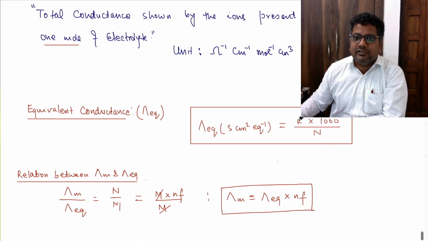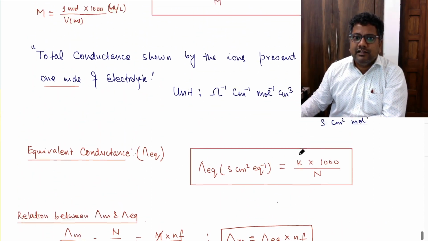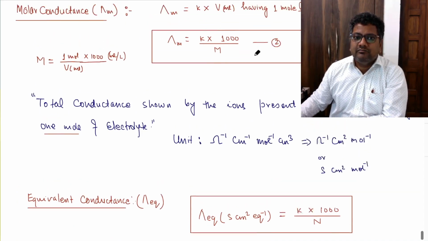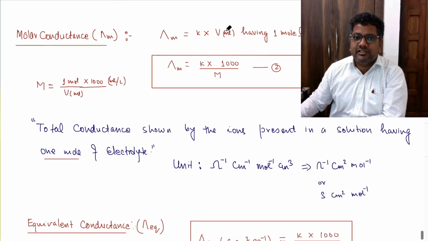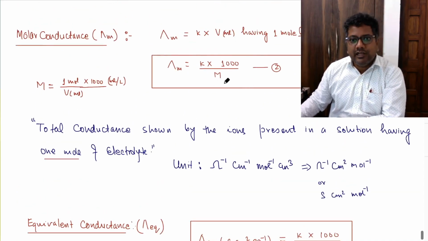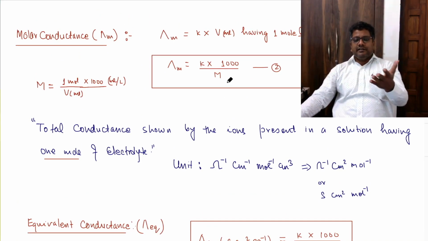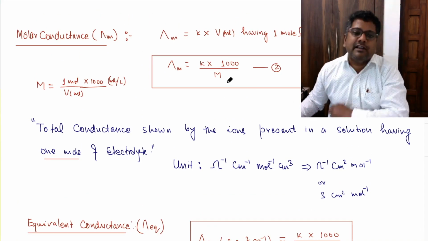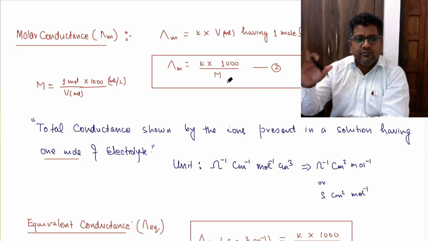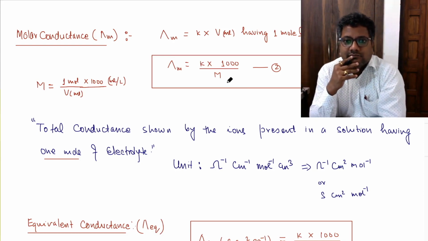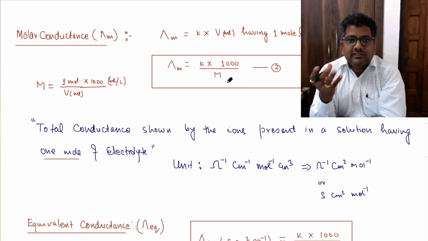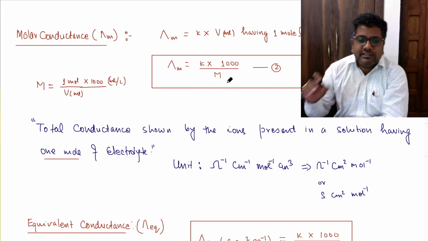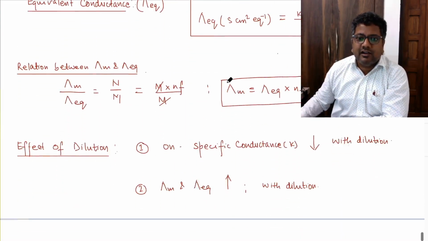See here, there is no term of volume. Only requirement is that it has 1 mole of electrolyte. Volume can be anything. So once you are diluting this, the total number of ions increases. So this will increase, but not infinitely.